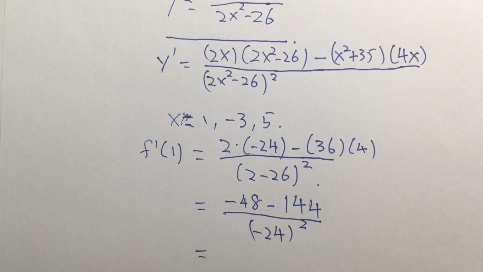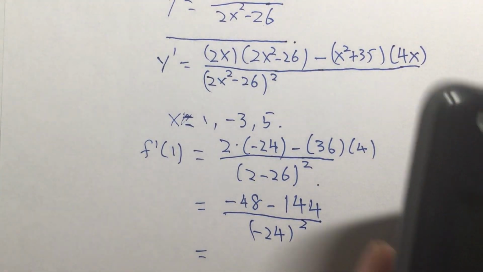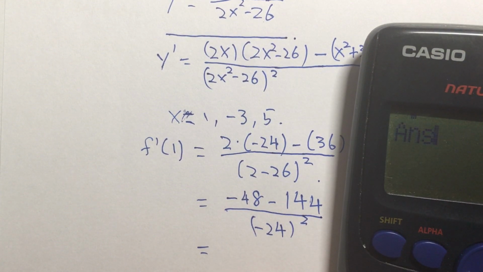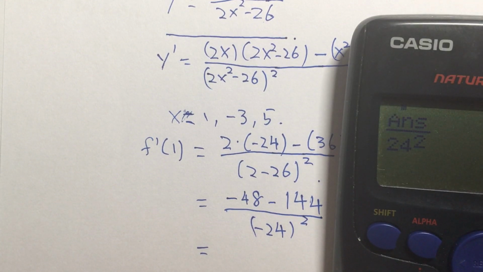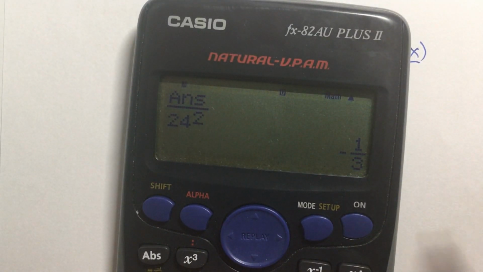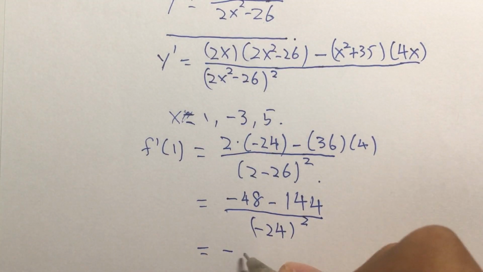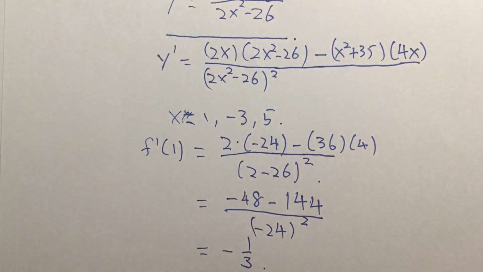And let's solve this, which is negative 48 minus 144 over, which is negative 1 over 3, and our answer is negative a third.